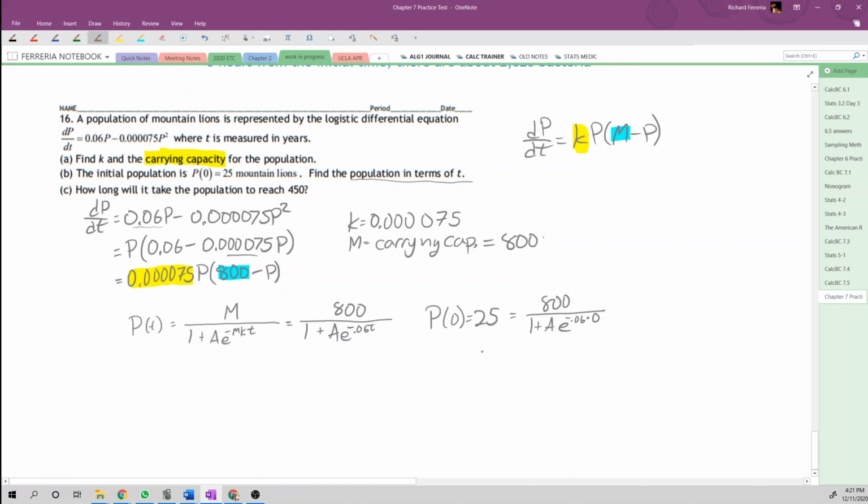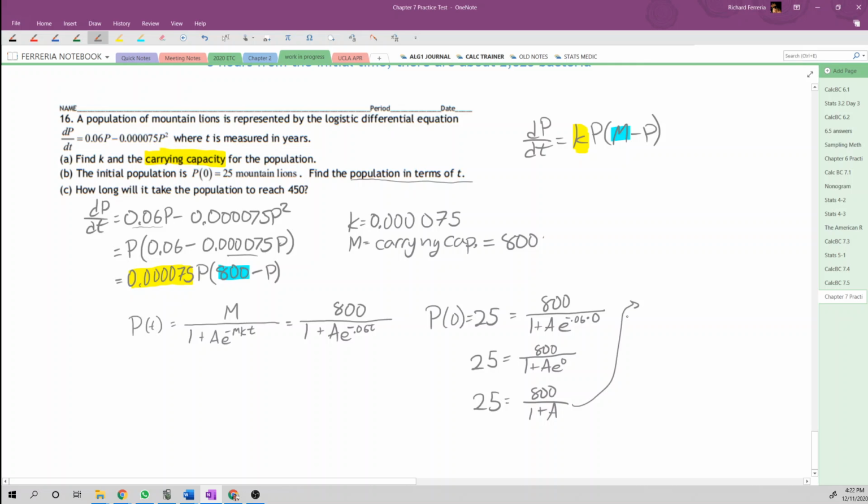Well, guess what? Negative 0.06 times 0 is 0. So this is 1 plus A e to the 0 power. e to the 0 power is 1, so that's even better. 25 equals 800 over 1 plus A.